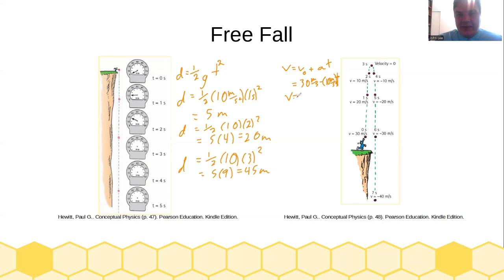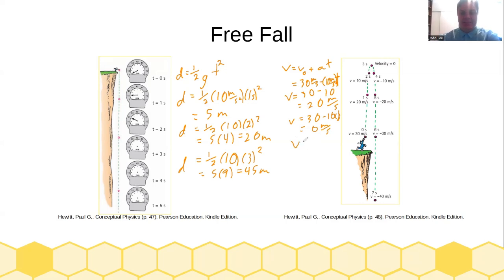So at 1 second, this is equal to 30 meters per second minus 10 meters per second squared times 1, which is going to be equal to 20 meters per second. And then at 3 seconds, this is going to be equal to 30 minus 10 times 3, which is going to be equal to 0 meters per second.